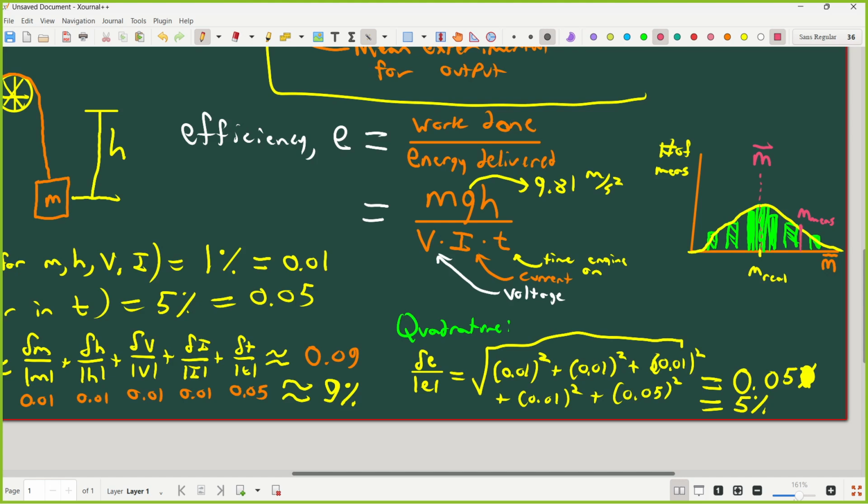So the quadrature addition is in some ways the mean expected error. It's the average of the expected error. It's not the best we can do, it's not the worst we can do, but it's the average that we can do in our measurement. This is what I would call a mean error, a mean absolute error.